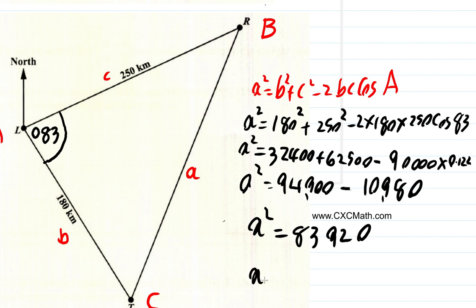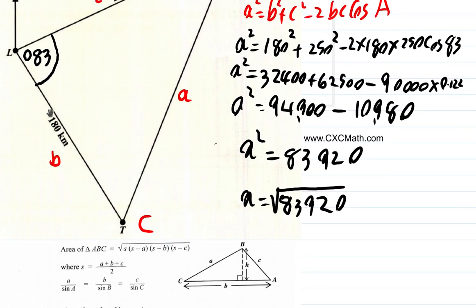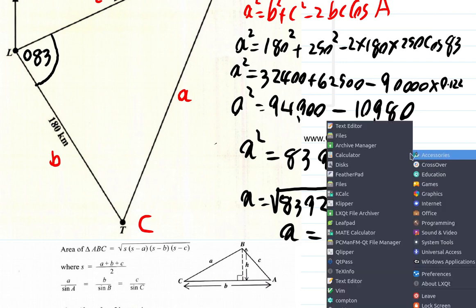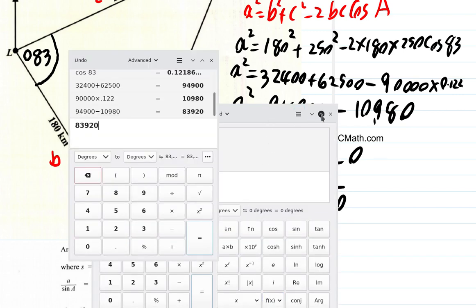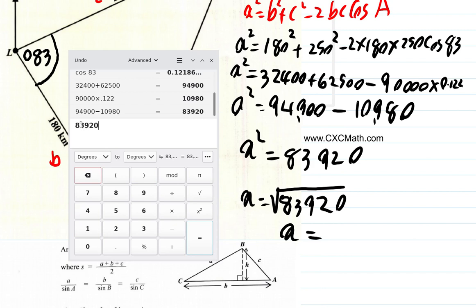So A now is the square root of 83,920. What does that give you? We're going to find the square root of 83,920 now. Square root equals 289.6.